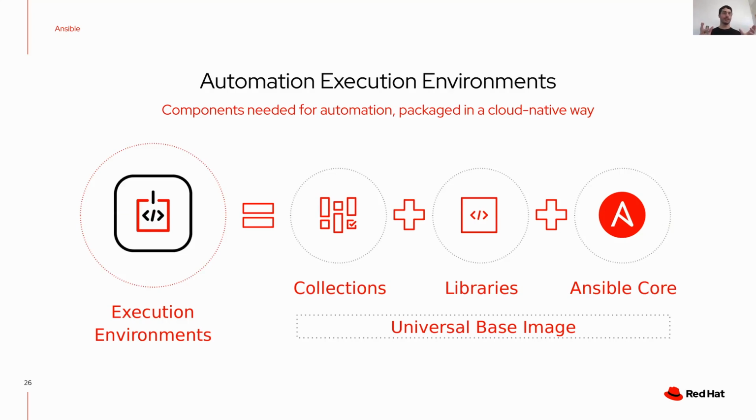And the way it works exactly is that you have that collection, libraries and core, plus a universal base image, which is like a very small container with all the tools that you usually would need in a Linux container. And all of this is packaged into an execution environment.